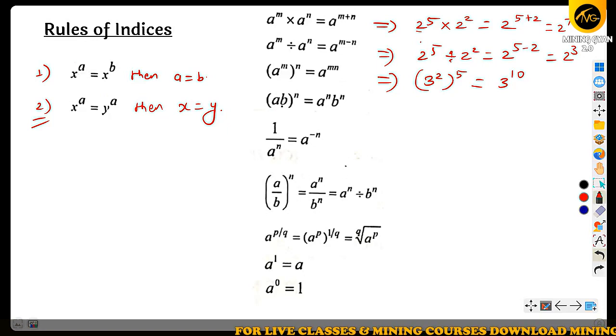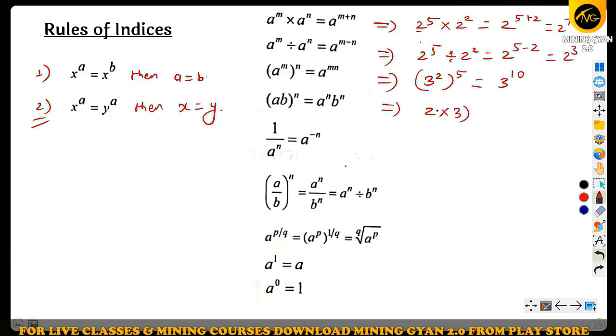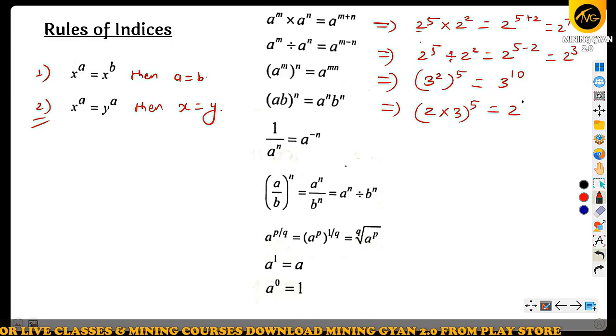Now if a into b whole power n, that means a power n into b power n. Suppose 2 into 3 whole power 5, that means 2 power 5 into 3 power 5.